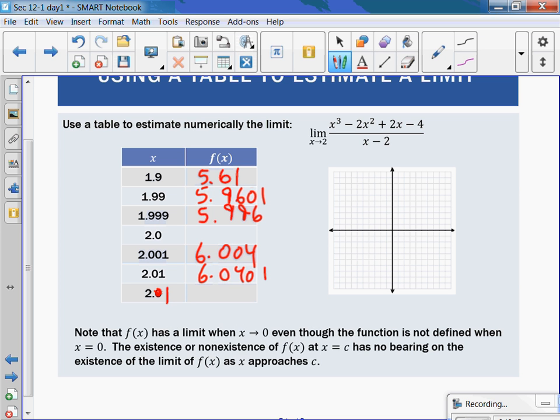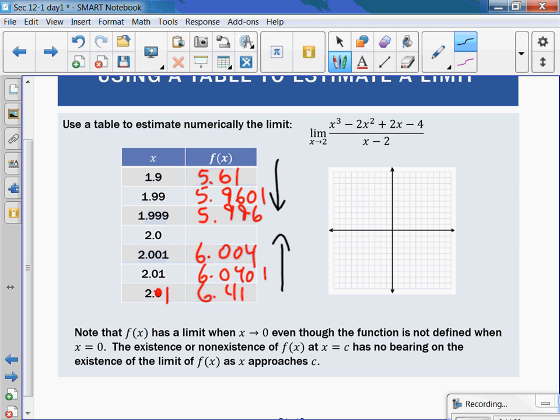So again, I'm not really looking at what is that value when x equals 2. I'm just looking to see how my function behaves as it gets closer and closer to 2. As it comes from the left, it goes 5.61, 5.96, 5.996. Coming from the right side, 6.41, 6.04, 6.004.